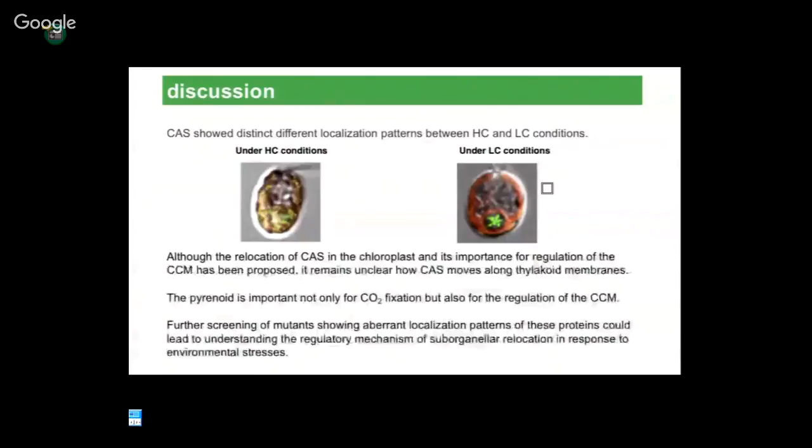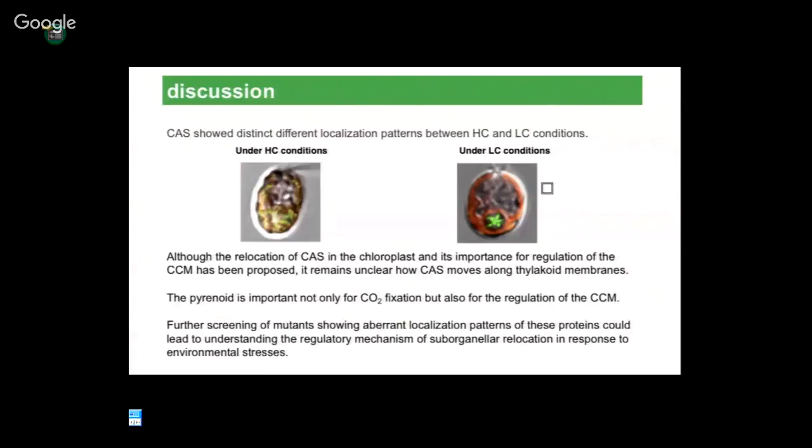The CAS protein is also associated inside the pyrenoid, especially in the pyrenoid thylakoid tubes, because the thylakoid lumen has energy, because there are a lot of proteins inside. And he showed the connection between the outside thylakoid membrane and the pyrenoid tubes inside the pyrenoid.